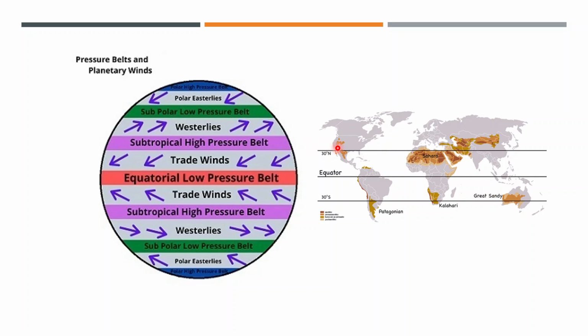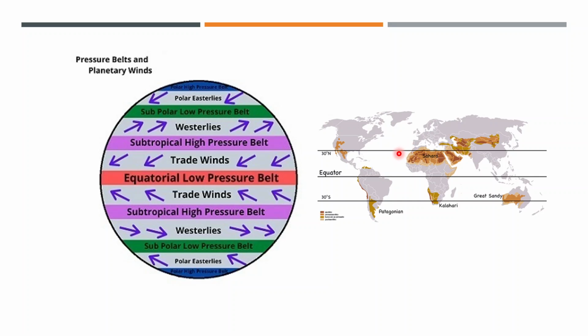Here we have the Arizona desert, the Atacama desert. Down south, we have the Patagonian desert, Kalahari, the sandy desert of Australia, the Sahara. All of them we find to be present in the high pressure zone.